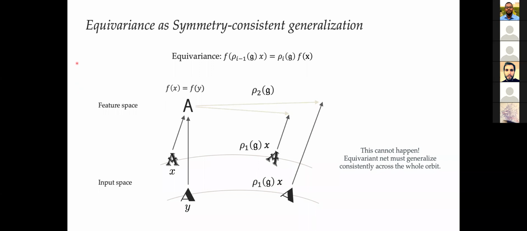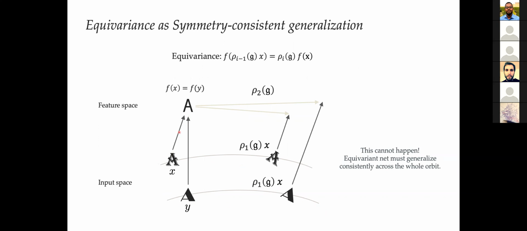So here's one way that we can understand equivariance. We have again here our equation, and we have again our problem of classifying digits. Now on the bottom here we see our input space with two marked points x and y. There are two signals, and they lie on what's called an orbit. So if we take this letter A, and we consider all the rotated copies of that letter, that will form some manifold called the orbit of this letter. And in particular, there's another point, rho 1 g of x, which corresponds to this particular rotated version of the A, and similarly for y.